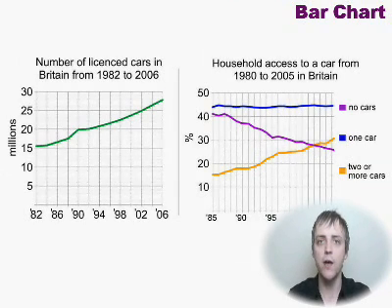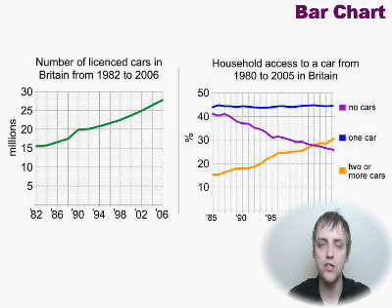Okay, so this is the number of cars which average households have access to. So how many cars do different households own in the UK? So some people own no cars, some people own one car, and some lucky people own two or even more cars. Okay, and each of those is represented by different coloured lines on the second graph. Okay, you can see that there.